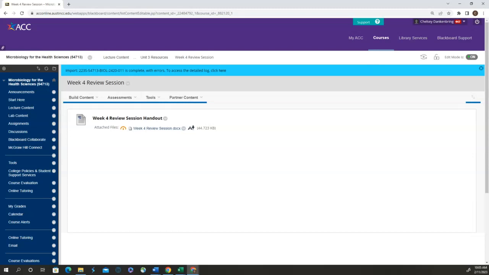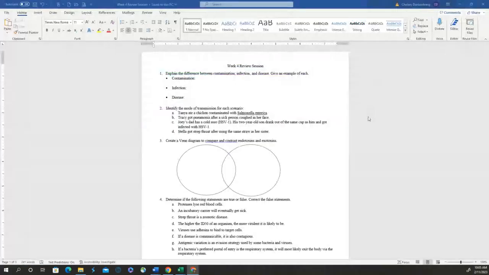Because we don't want to be using our notes as a crutch. We want to make sure we're figuring out what's in our brain and what we need to keep working at to be able to retrieve. So once you have that handout ready, we're going to go ahead and get started.